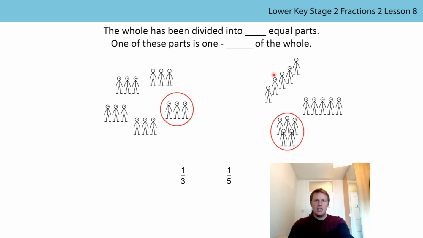Let's check. Is the image on the right then going to be 1/3? Let's say our sentences again. The whole has been divided into 3 equal parts. One of these parts is 1/3 of the whole. So that is 1/5, and this is 1/3. Well done if you said that to yourself.